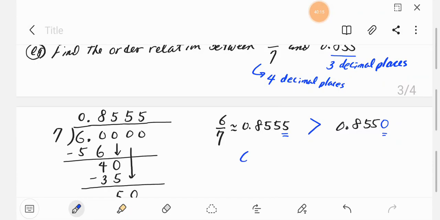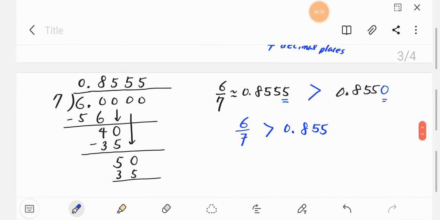So you can say that the fraction 6/7 is greater than the decimal 0.855, 855 thousandths, right?